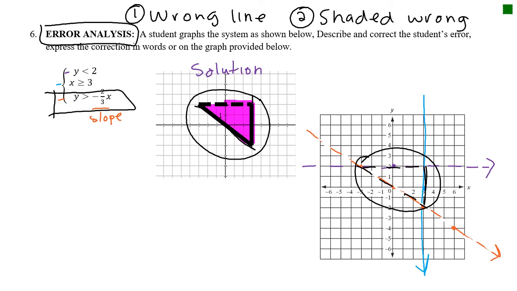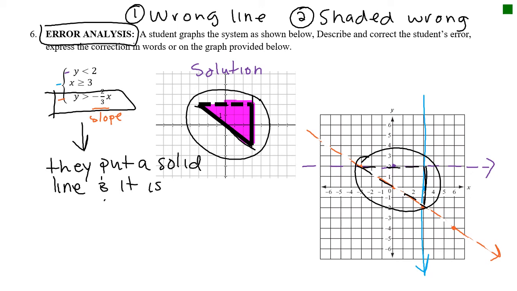This line is wrong. They put a solid line and it should be a dashed line. So that's what you need to write.